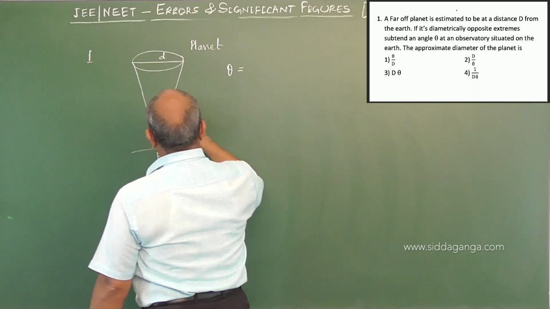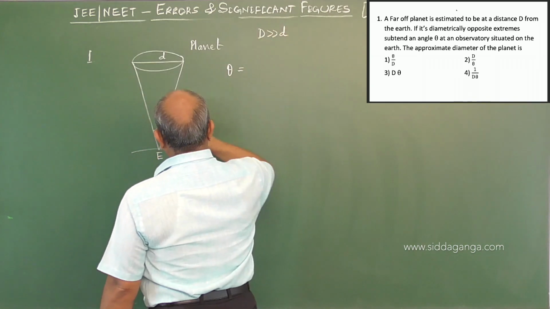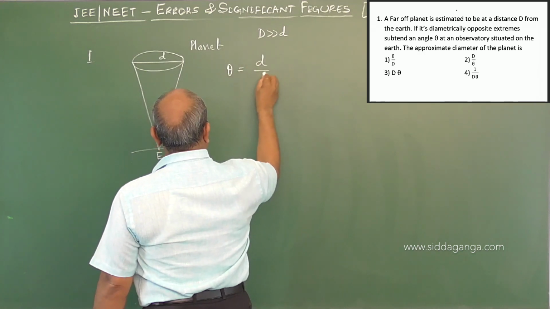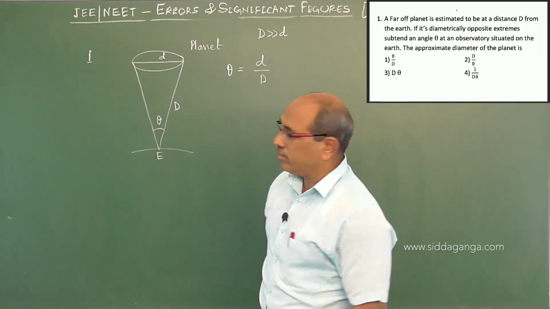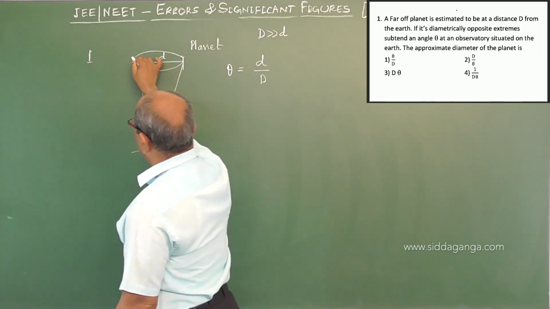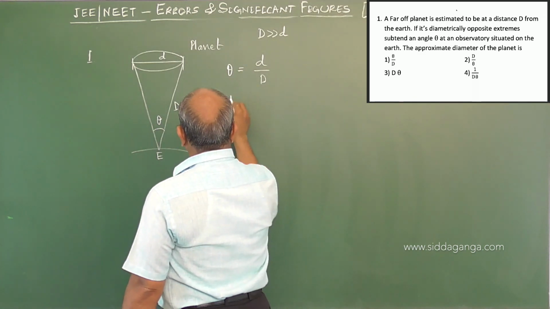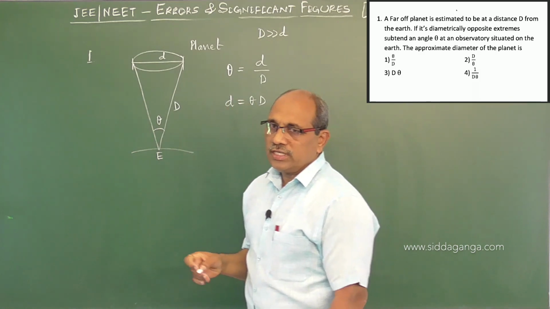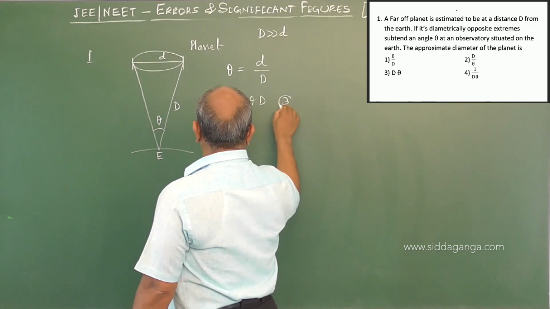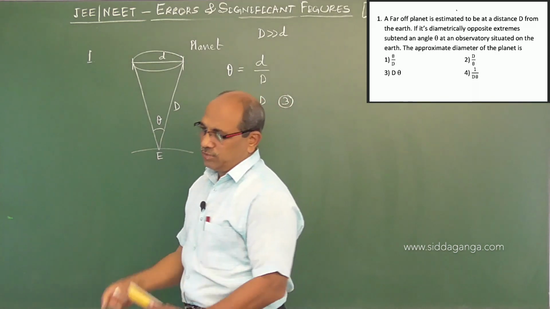Theta is equal to, because capital D is greater than d, I can write directly d upon capital D, from the parallax method. Therefore the diameter of the planet is theta into D. The option is the third one. Directly from the parallax method, determination of the distance of the object.